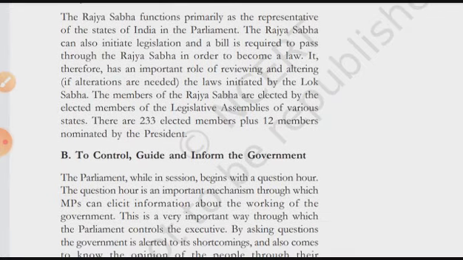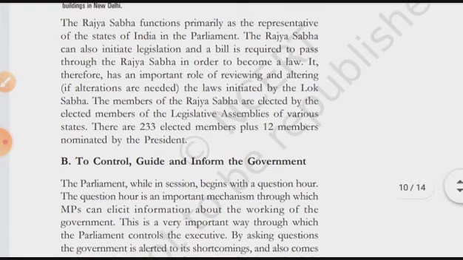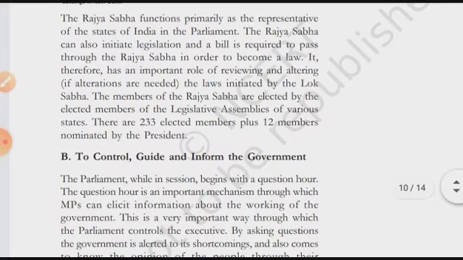That is to say, if any bill, known in Hindi as vidheyak, is to be made a law, it must be passed. The bill is required to pass through both houses of the parliament, that is the upper house and lower house, Rajya Sabha and Lok Sabha.